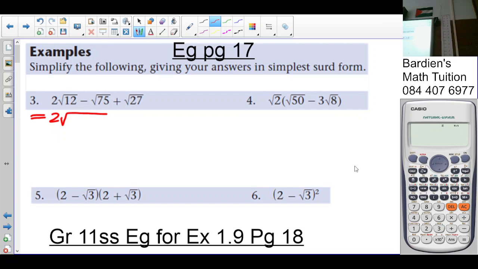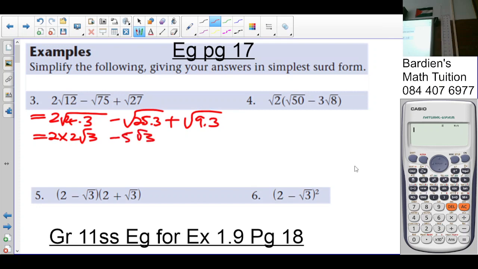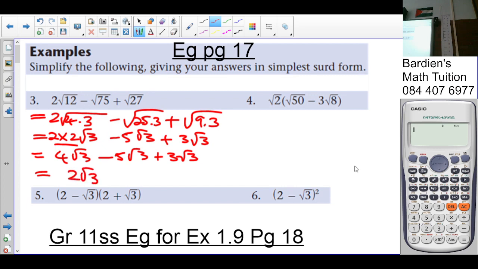So it's 2 times the square root of 4 times 3, minus the square root of 25 times 3, plus the square root of 9 times 3. The square root of 4 is 2, the square root of 25 is 5, and the square root of 9 is 3. So this is going to give us 4 root 3 minus 5 root 3 plus 3 root 3. 4 root 3 minus 5 root 3 is negative root 3, plus 3 root 3 is 2 root 3.